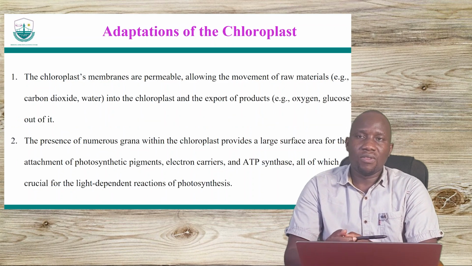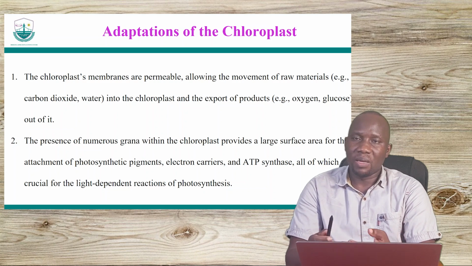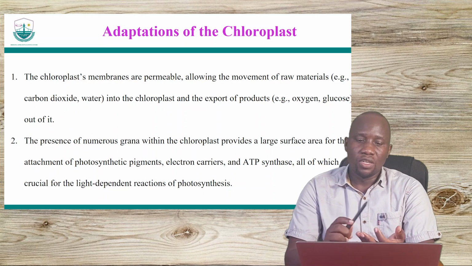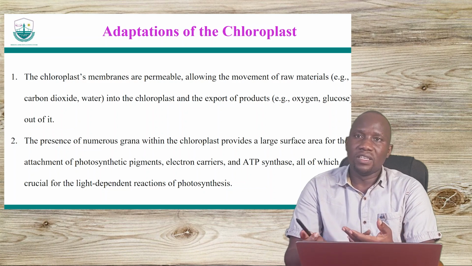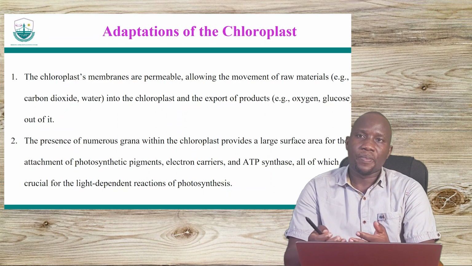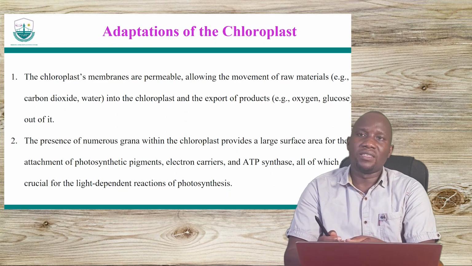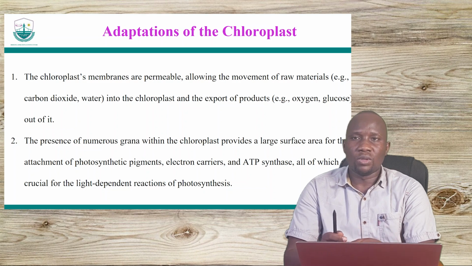The chloroplasts can do their function because, one, they have all these pigments, the chlorophyll and the other pigments I've just mentioned. Two, they have enzymes that are very important for photosynthesis. And three, they are permeable to some ions and materials to enter into the chloroplast for use during photosynthesis.